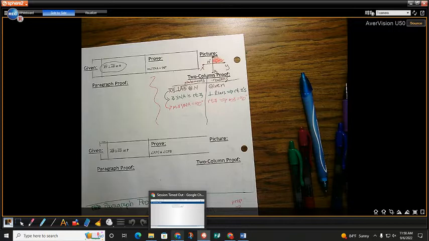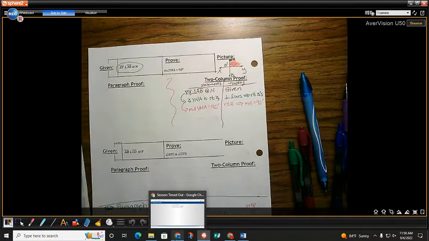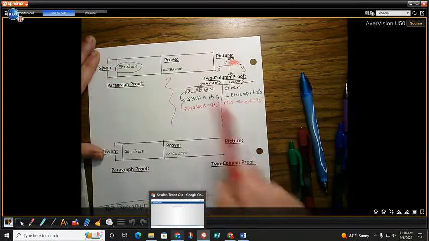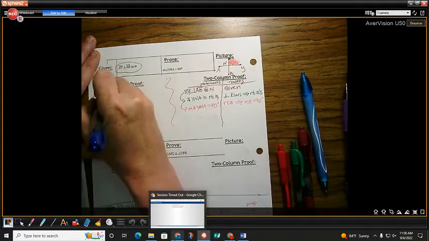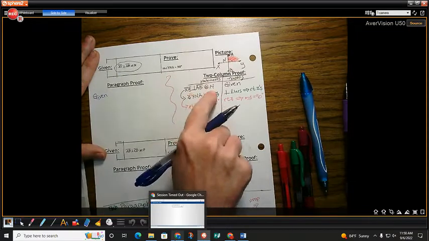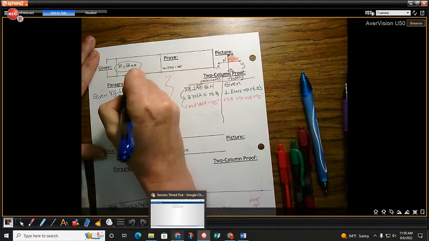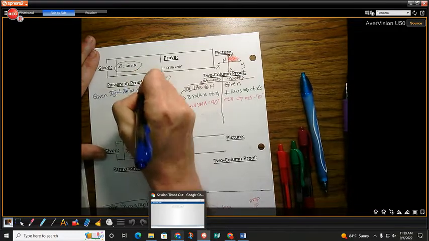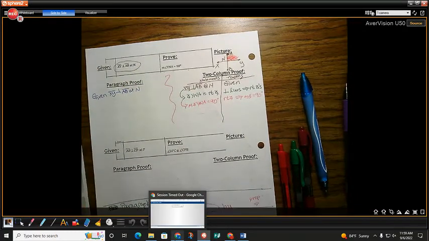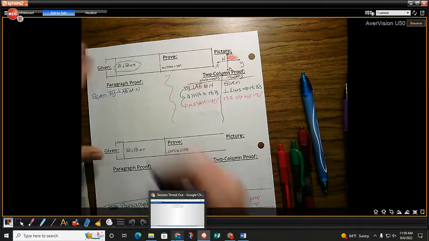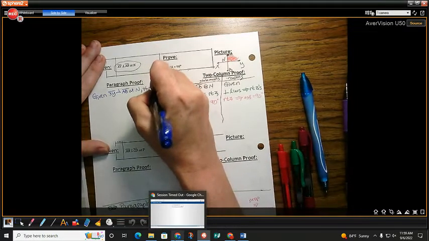Now, let's try writing that as a paragraph. So what do I start with? Given. So you say given what? XY is perpendicular to AB at N. Can I use symbols in a paragraph? Yes. Sure. So given that, then what did I say?